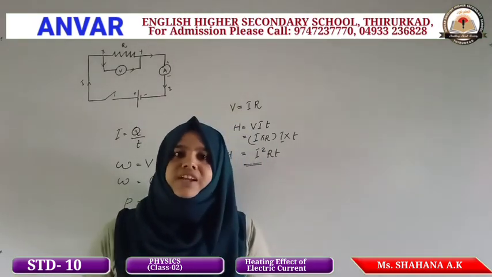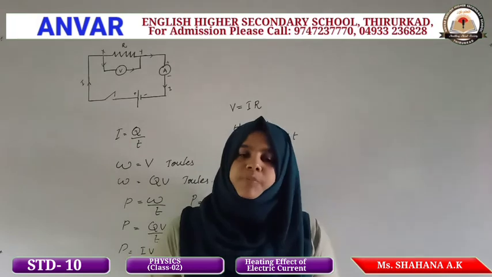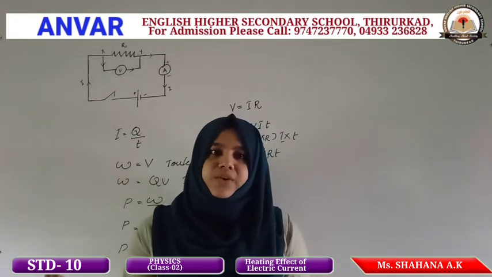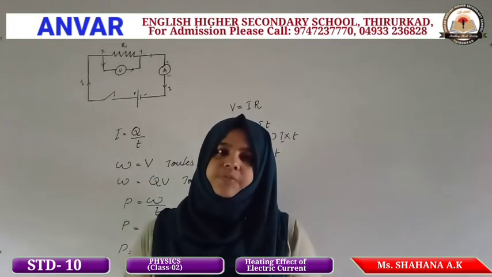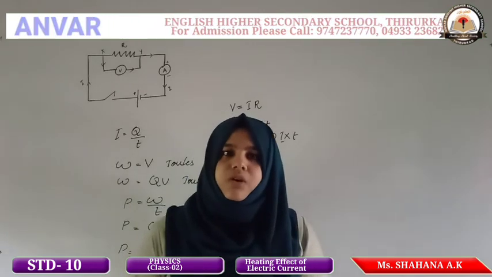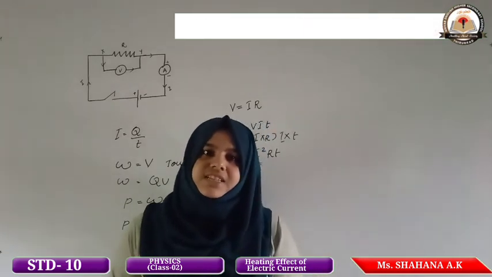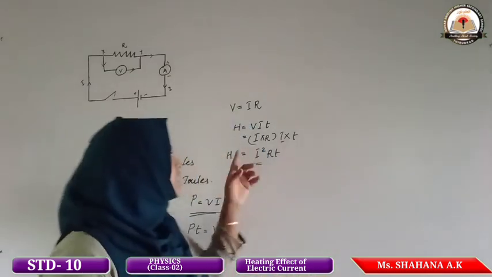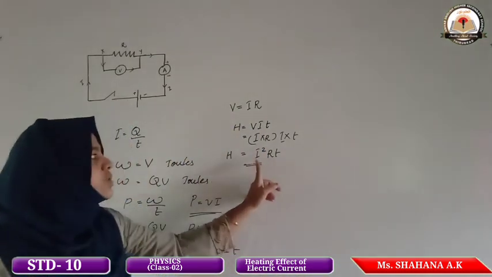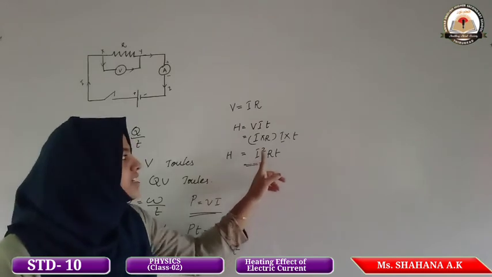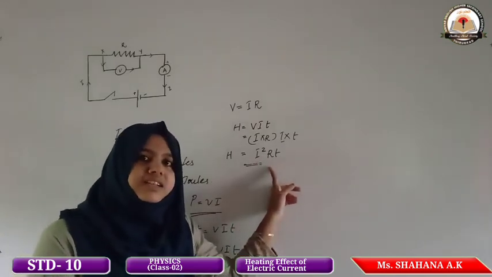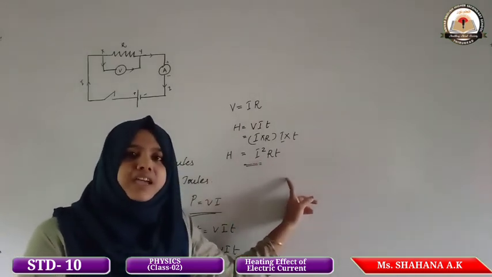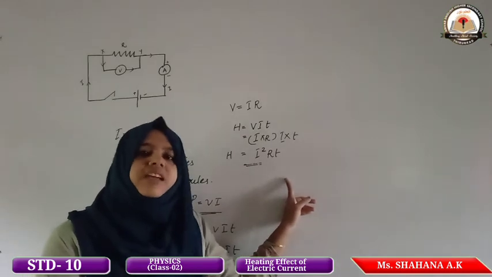Combining all these points, James Prescott Joule proposed a law that is known as Joule's law. According to Joule's law, the heat generated in a circuit is directly proportional to the product of the square of current, the resistance of the resistor and the time of current flow in the circuit.